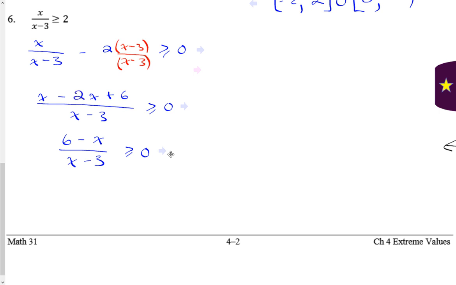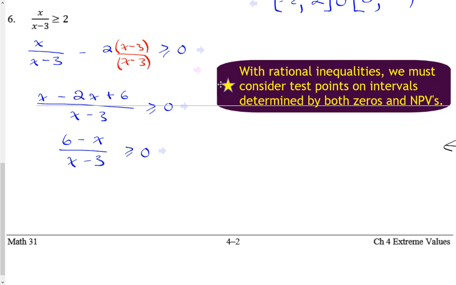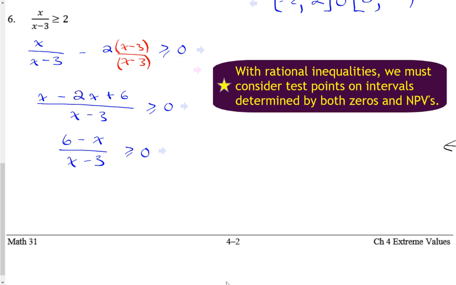Now with a polynomial function, we started by factoring and finding the zeros of the polynomial, and we used those to divide up our number line into intervals. We need to do the same thing here with this rational inequality, but we also need to consider the non-permissible values. With rational inequalities, we must consider test points on intervals determined by both the zeros and also by the non-permissible values.